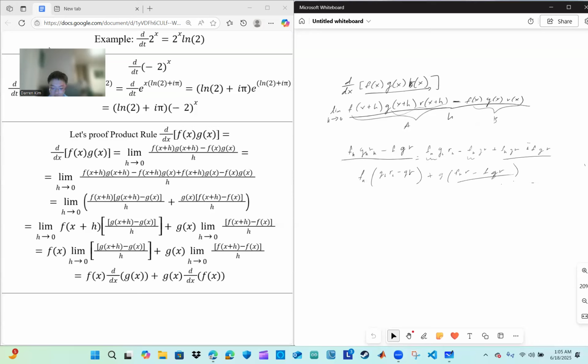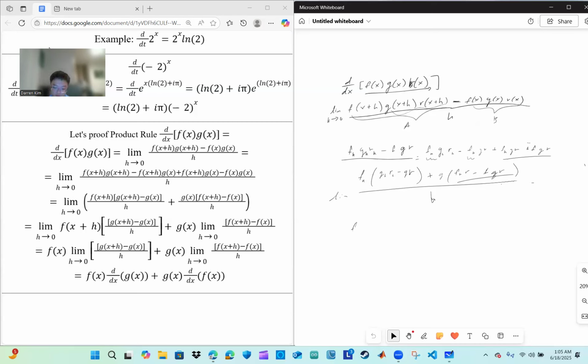And if I do an h over here, and I have a limit over here, we know for a fact that if we move this over here, that is f(x), and it's the derivative of g h, no, derivative.